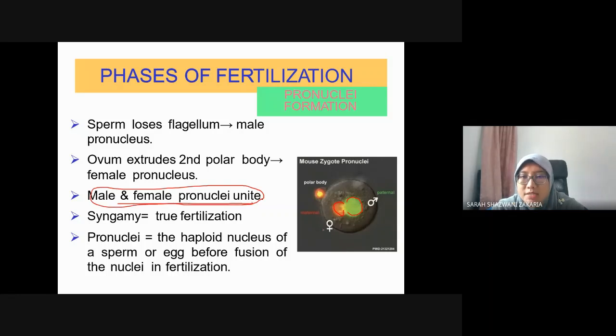The true fertilization is actually the fusion of the nucleus from the male and the female. That is syngamy. That is the meaning of syngamy through fertilization. And the pronuclei are haploid, both are haploid, one n and one n.